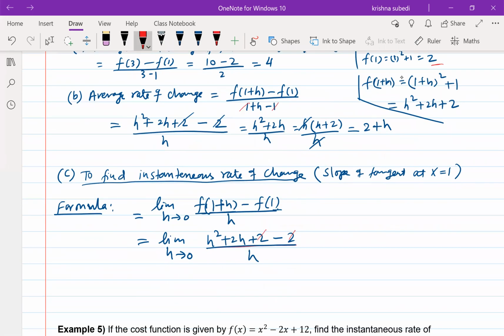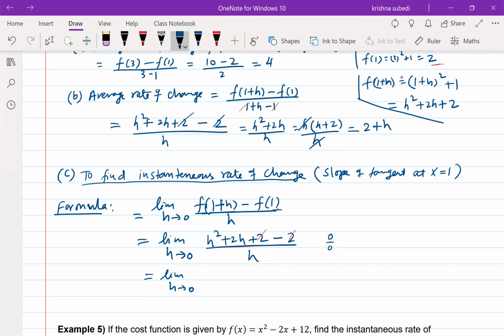So you're left with the limit as h tends to 0 of h common, remaining h plus 2, over h. After this, our goal is to evaluate the limit. In order to evaluate limits, you can plug in the value directly, but if you do that here, you get 0 over 0.